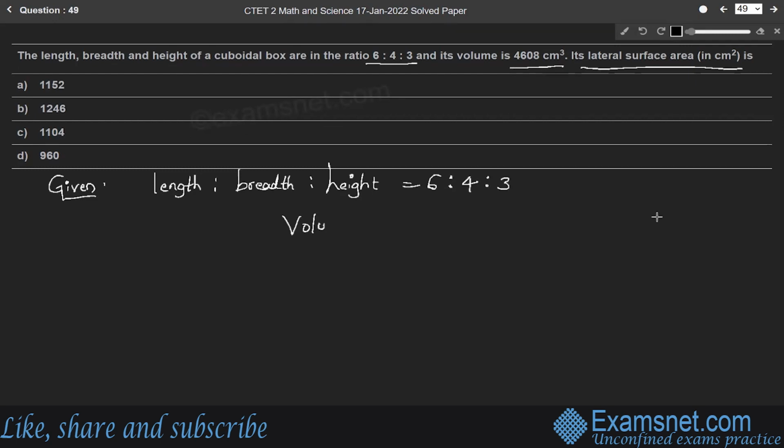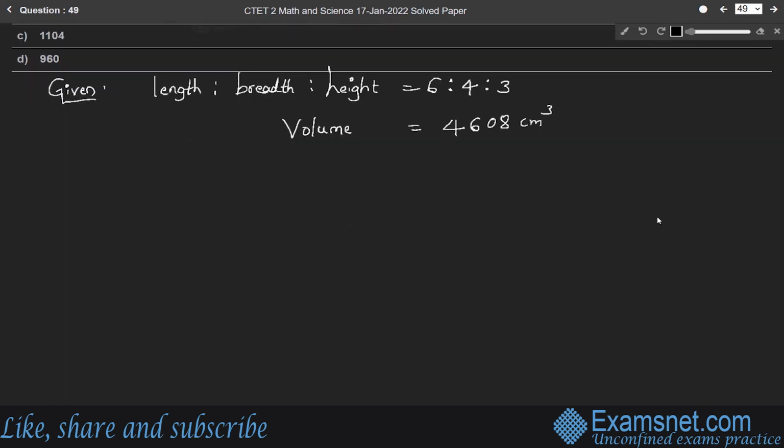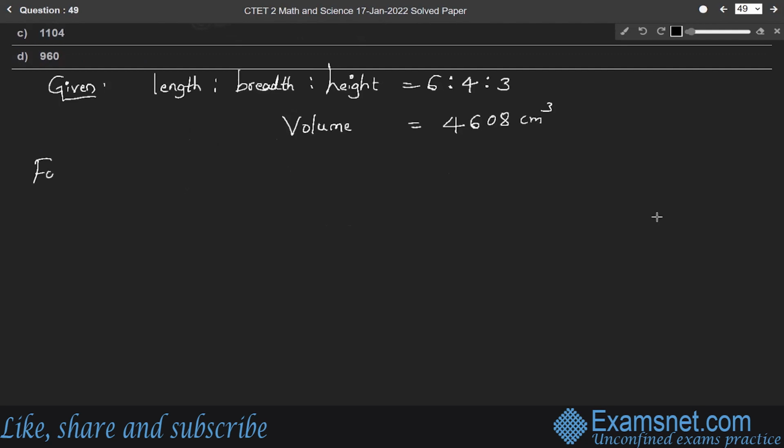And volume of the cuboidal box is 4,608 centimeter cube, right? So we have to find its lateral surface area. Formula. Volume of a cuboid is equal to length into breadth into height.